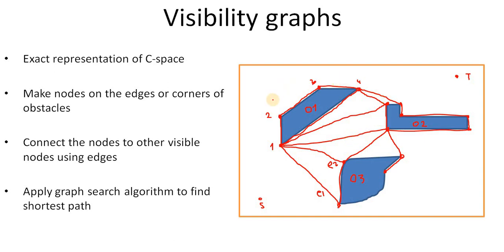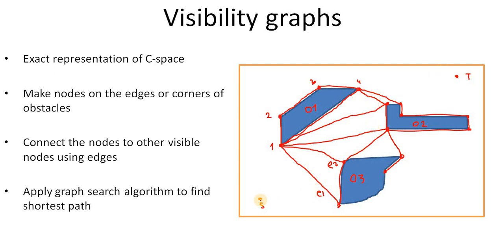So we have a graph here now. We have nodes, we have connections between them, which are the edges, and now it means that we can use a graph search algorithm to find the shortest path in this graph. So let's say this is our starting point, and this is our goal point or target point, and we want our robot to move from here to our goal point.